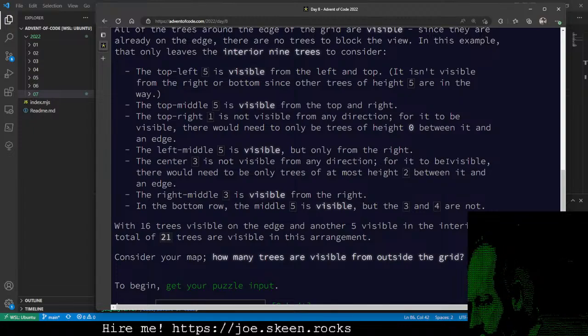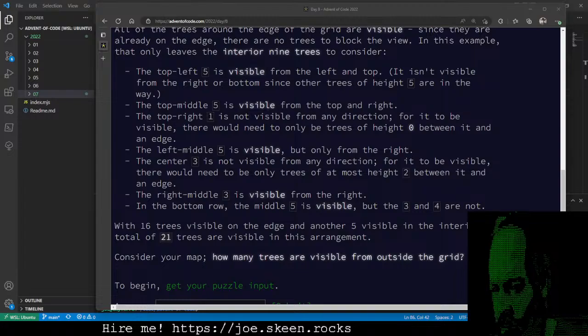For it to be visible, there would need to be only trees of at most height 2 between it and an edge. The right middle 3 is visible from the right. In the bottom row, the middle 5 is visible, but the 3 and 4 are not. With 16 trees visible on the edge and another 5 visible in the interior, a total of 21 trees are visible in this arrangement. Consider your map. How many trees are visible from outside the grid?